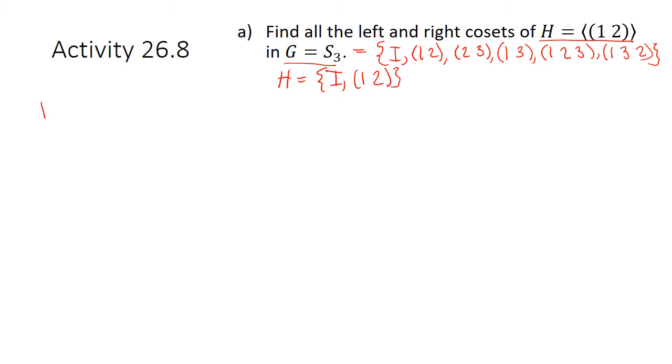Okay, so I'm going to start with the identity. Identity times H is identity times identity, and identity times (1 2). Obviously it doesn't do anything, it's just H again.